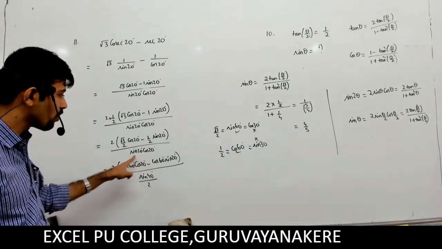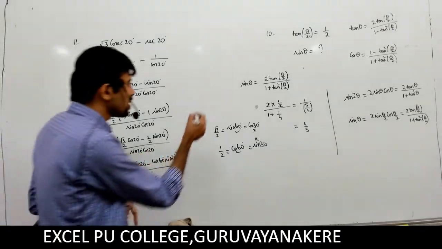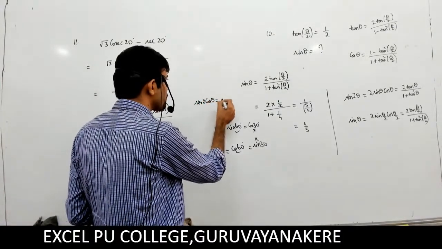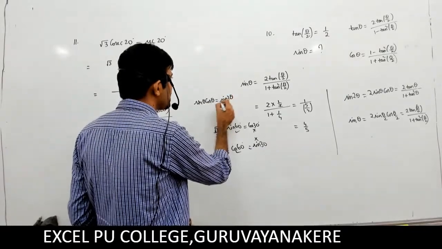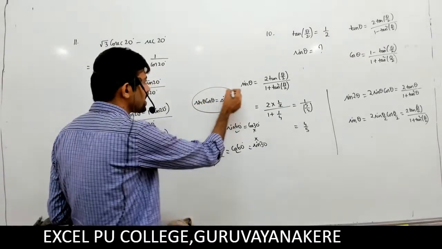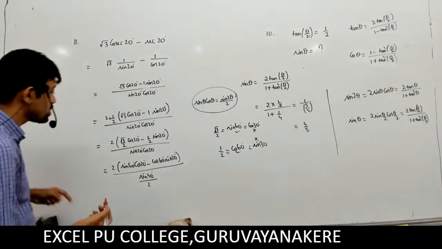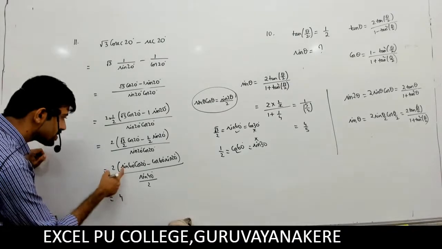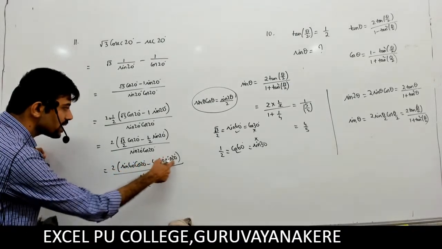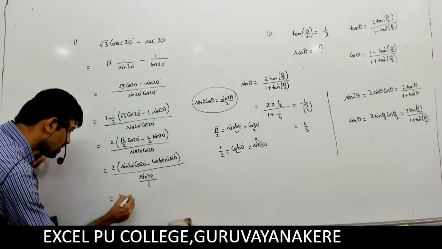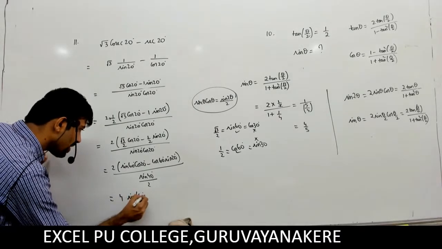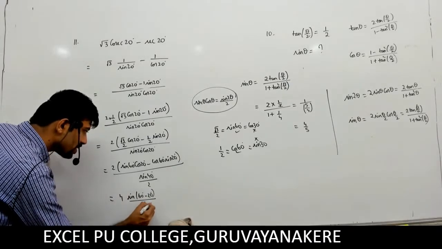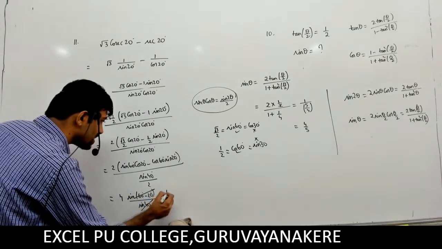This 2 goes up, 2 into 2 becomes 4. Sin A cos B minus cos A sin B is sin of A minus B, so sin of 60 minus 20, divided by sin 40. Sin 40 cancels. Required answer is 4.